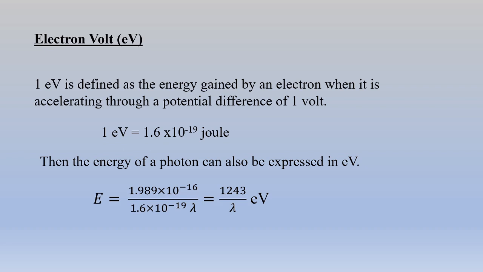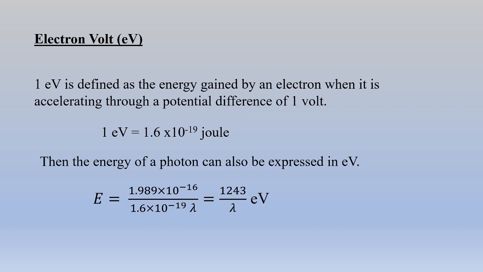After the calculation, we get 1243 by lambda electron volt. We should note that here lambda is expressed in nanometer. So when lambda is in nanometer, the energy of the photon in electron volt is E is equal to 1243 by lambda. These are some fundamental ideas in quantum theory.